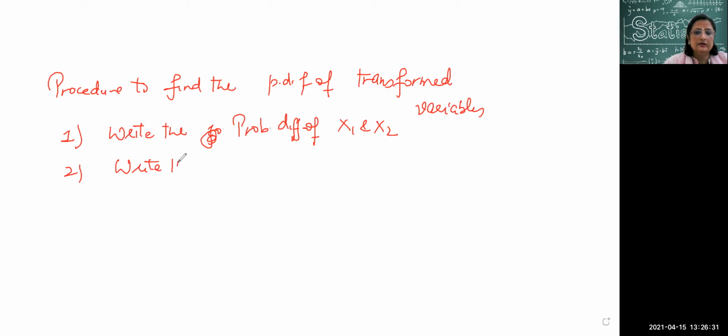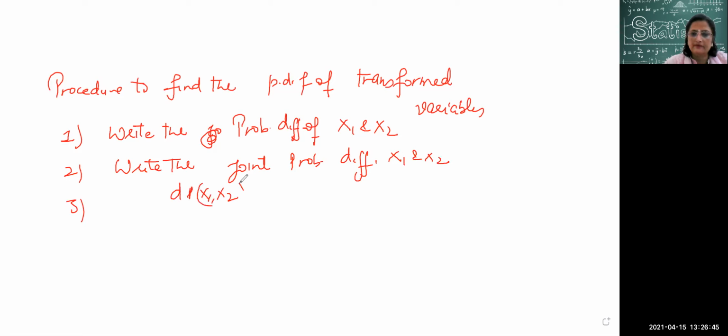Then write the joint probability differential of the variables x1 and x2, and how is it written? dP x1 x2. As we have given x1 and x2 are independent, so this will be dP x1 into dP x2. That is the probability differential of x1 and probability differential of x2.